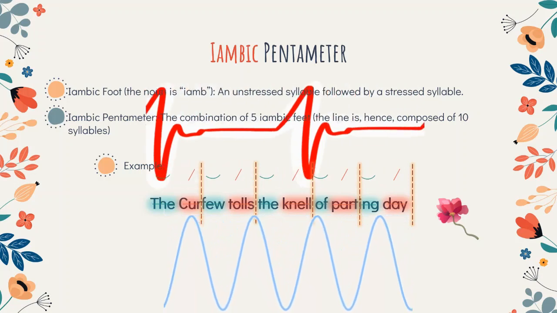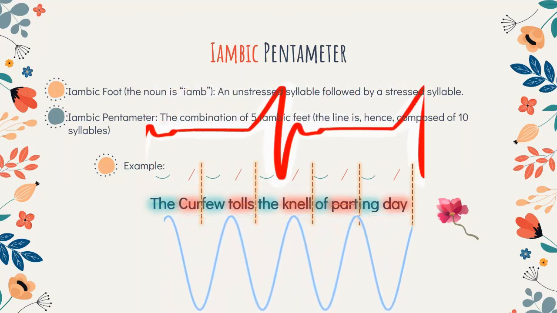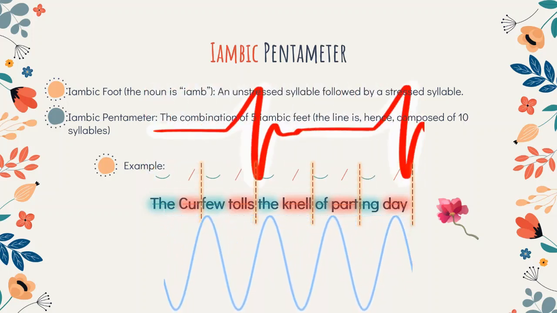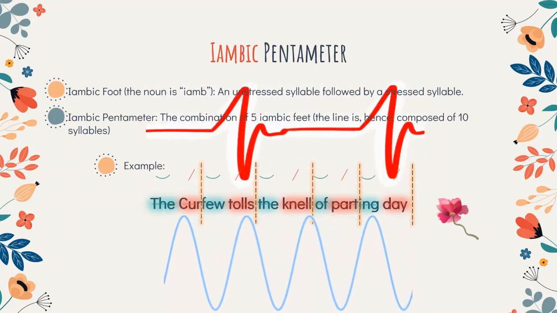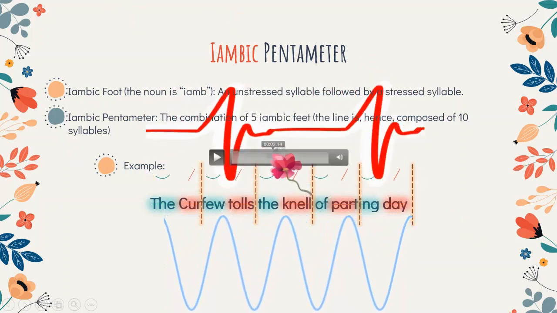It is like a heartbeat. If you listen to your heartbeat or to recordings of heartbeats, you can see that there is one big sound, and then a smaller one, and this is repeated like this.